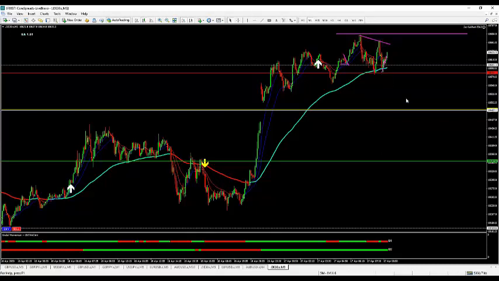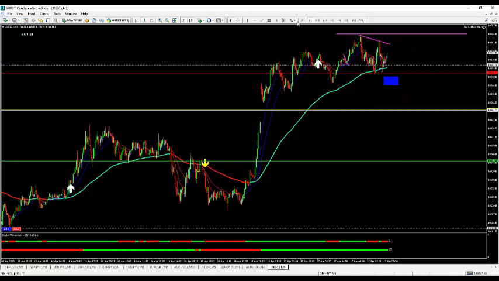Then over onto the 1 minute, the 1, 2, 3 here stayed on. If the price had broken that, this would have literally collapsed. But it didn't.